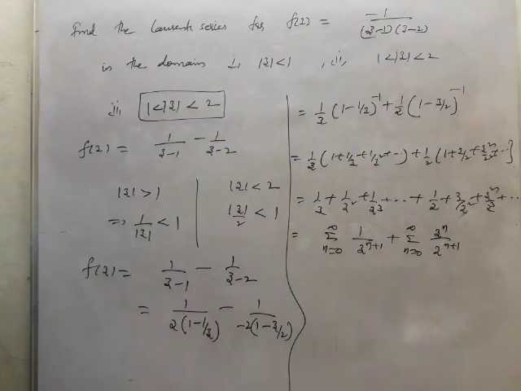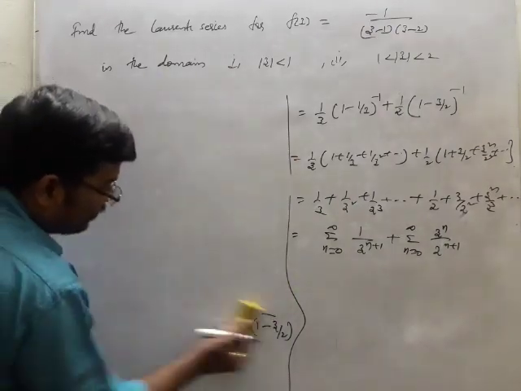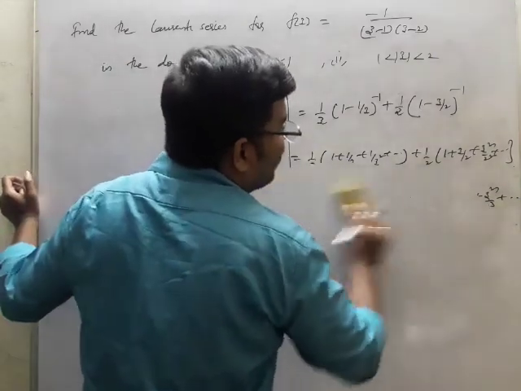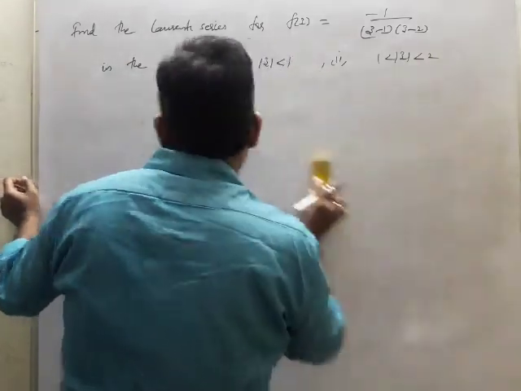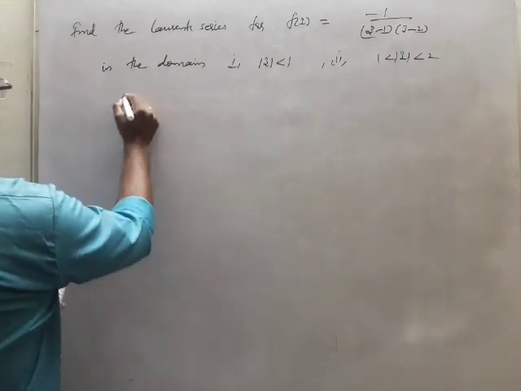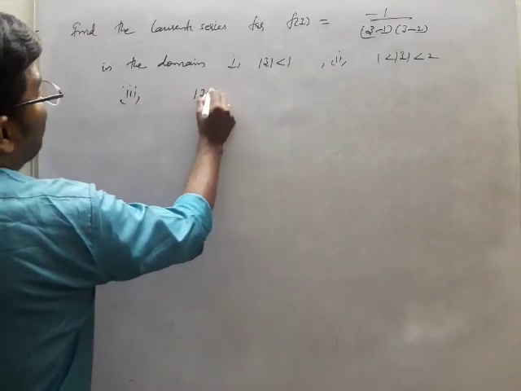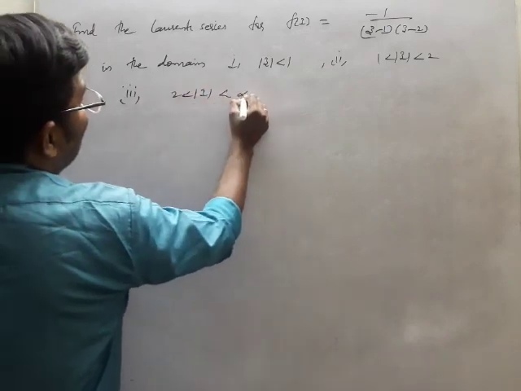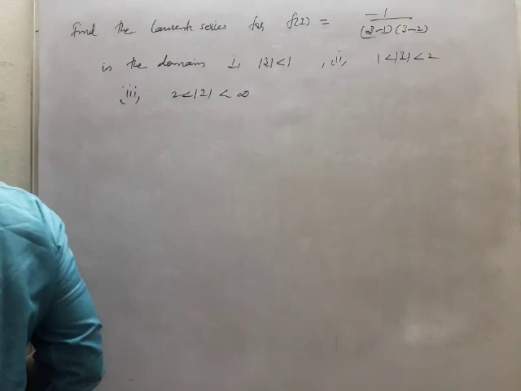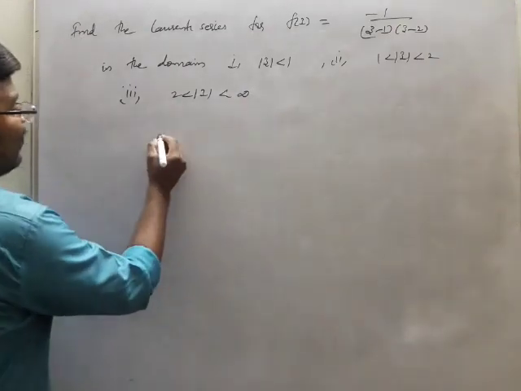Now we'll go for the third one, how to expand the third. The third one is mod z greater than 2, less than infinity. This is the one which is given in the domain, so we'll work this out first.